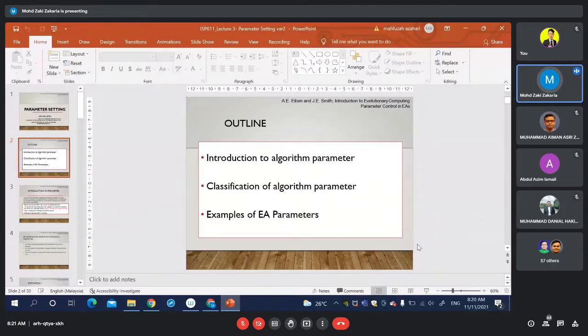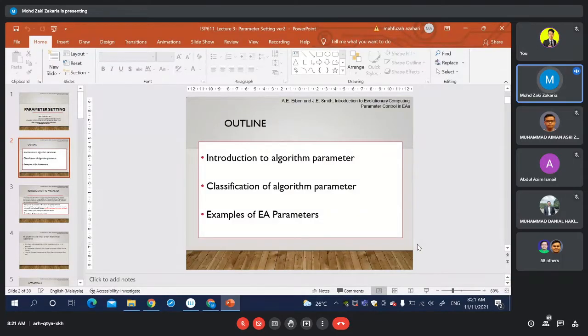Okay, introduction to algorithm parameter, and second, to classify the parameter. Actually, we have two types of parameter. Okay, we need to define the parameter. For example, parameter means number of iteration, for example, number of population.